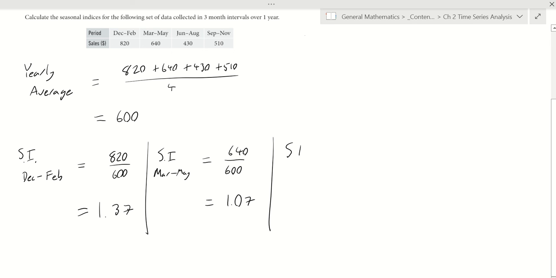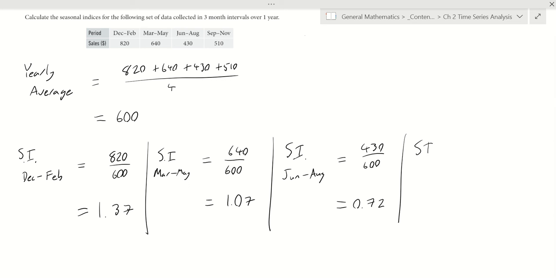Now we can do the seasonal index for June to August, which is going to be 430 over 600, which rounded to 2 decimal places will be 0.72, and then the final one. You can see it's just a straightforward calculation that we have to do for each of the seasons.